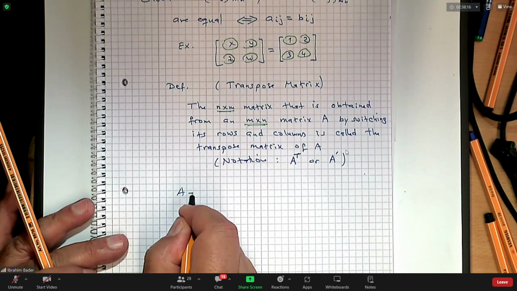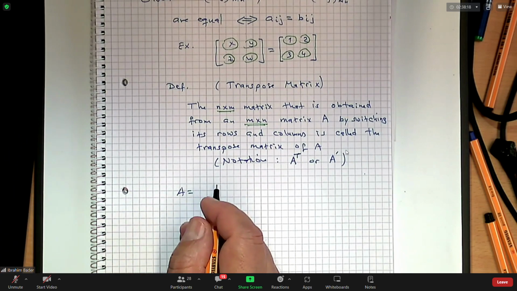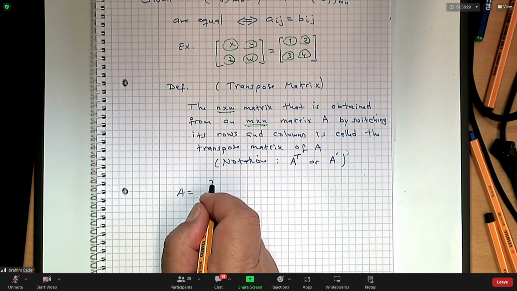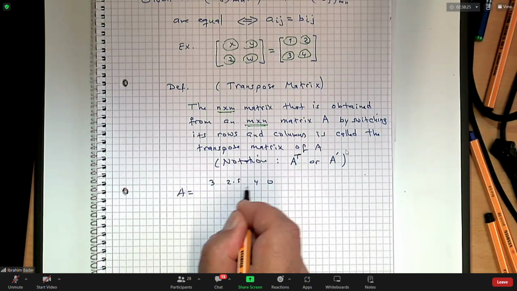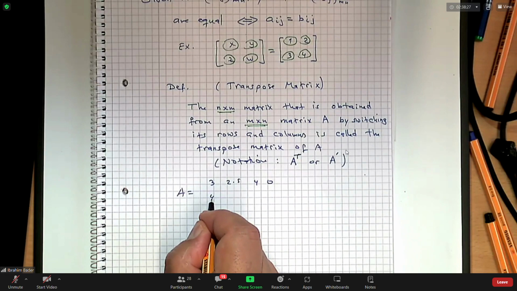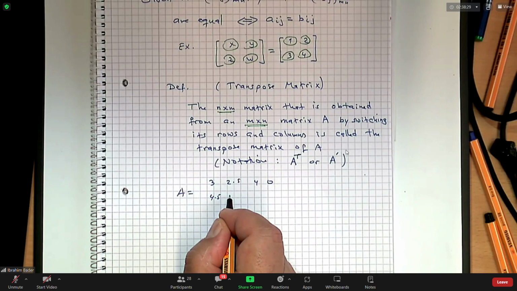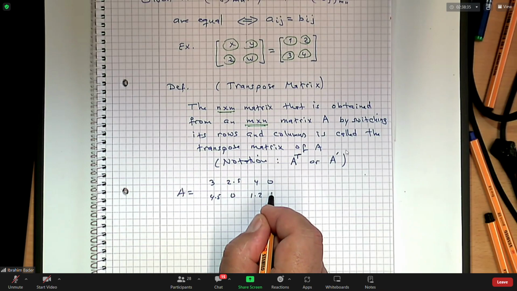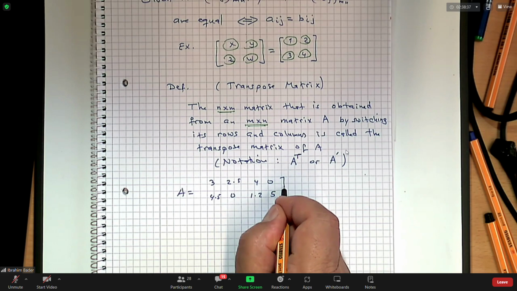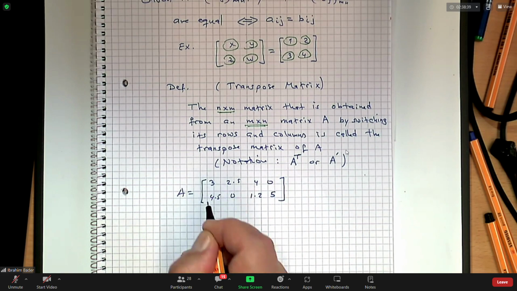So let me just give you an example. Let's take a matrix that has 2 rows and 4 columns: 3, 2.5, 4, 0 in one row, and 4.5, 1.2 and 5 in the other.